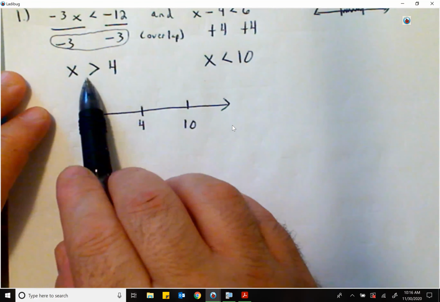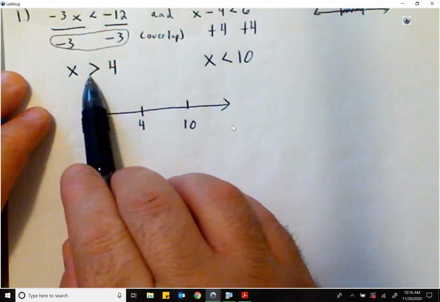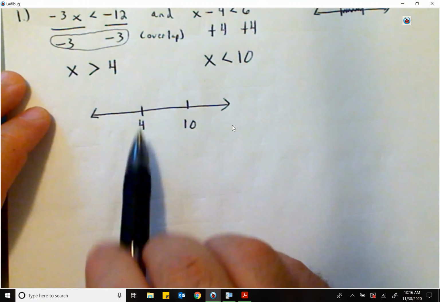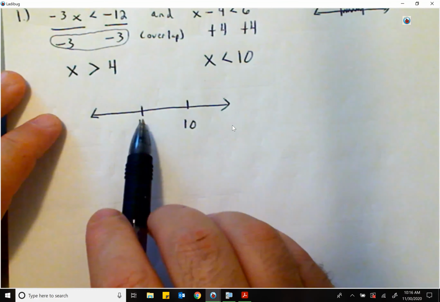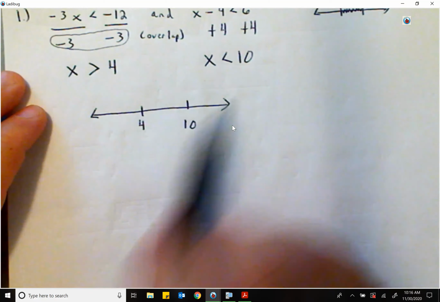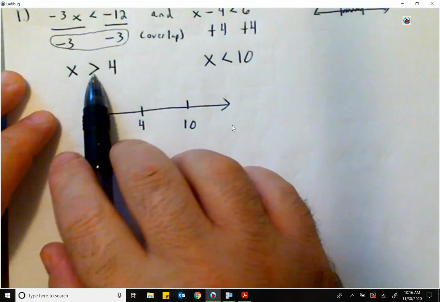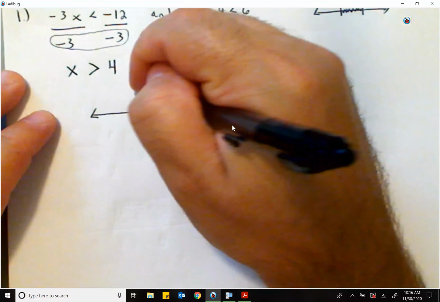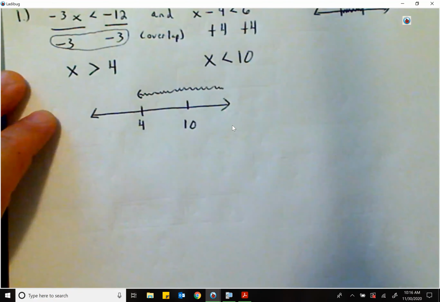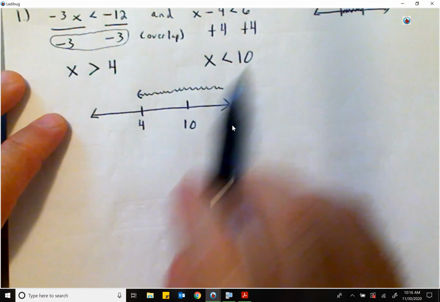Brackets have to have the line underneath. Because there's no line here, it's an actual parenthesis. Does it shade to the left or to the right? To the right. Follow the arrow, it's pointing to the right. So that one looks like this, and I put it above my line. All right, let's do the x less than 10. Bracket or parenthesis at 10?